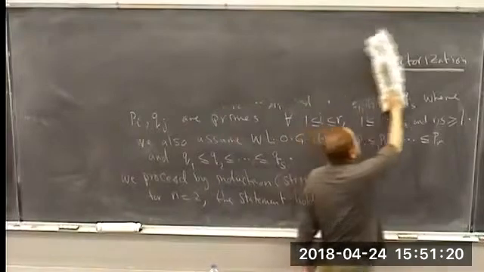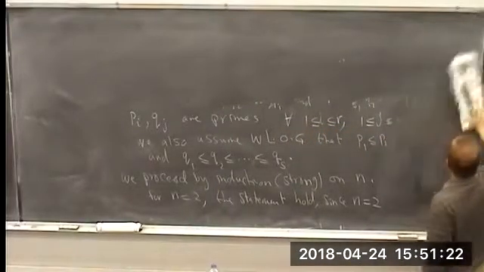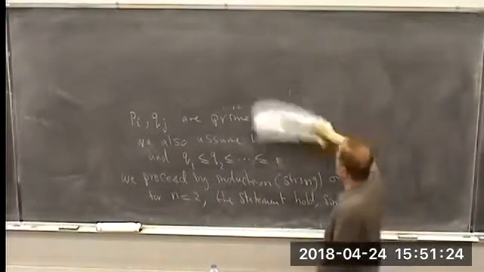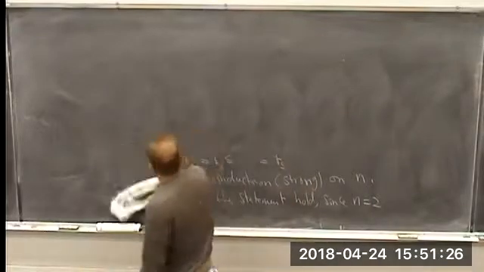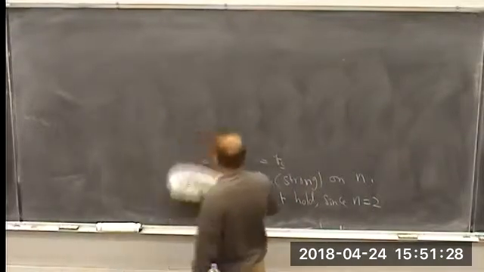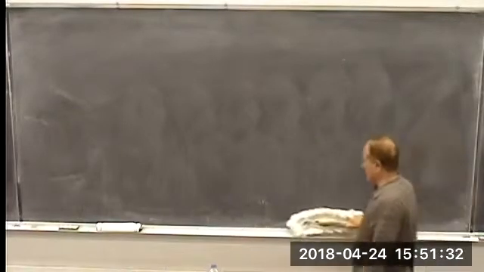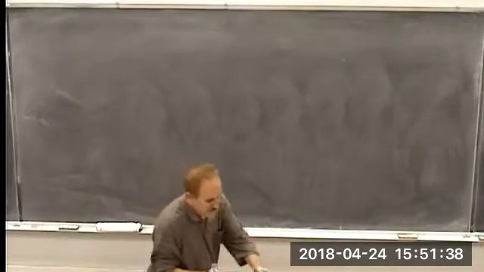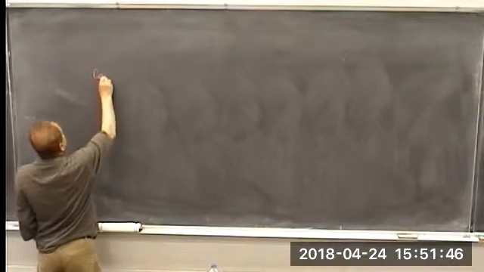It means if we have a natural number that we know can be written as a product of primes, then the representation is unique. So we're going to consider n.